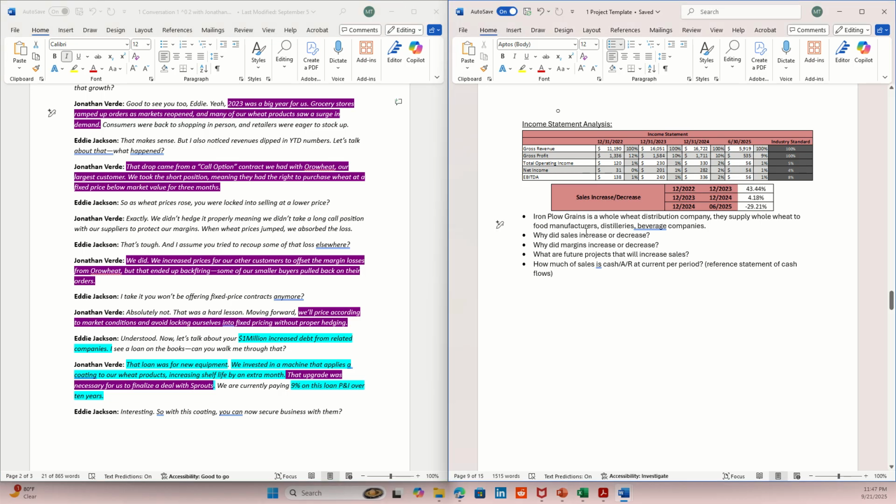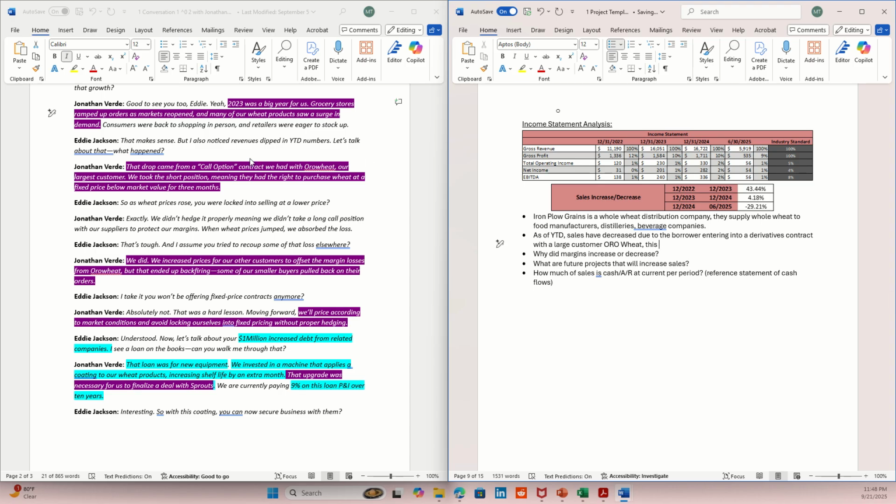We're going to start with: as of year to date, sales have decreased due to the borrower entering into a derivatives contract with a large customer, Oro Wheat.